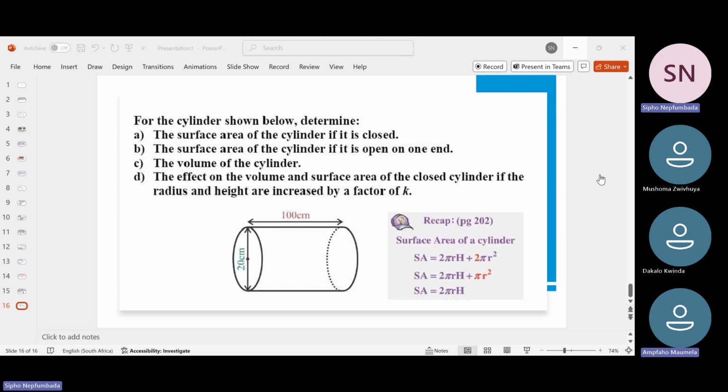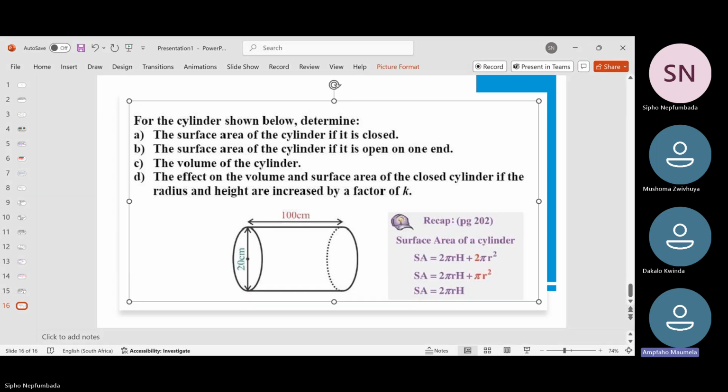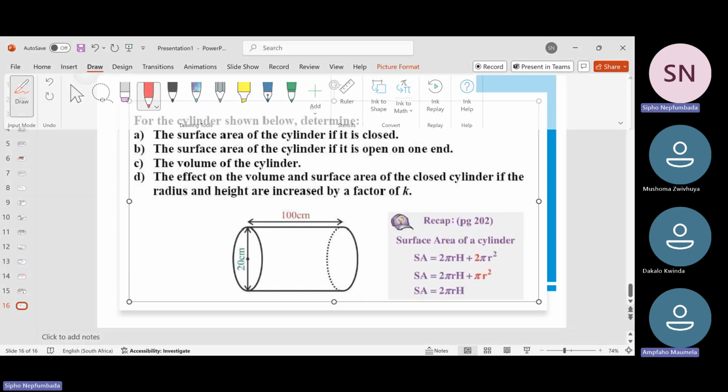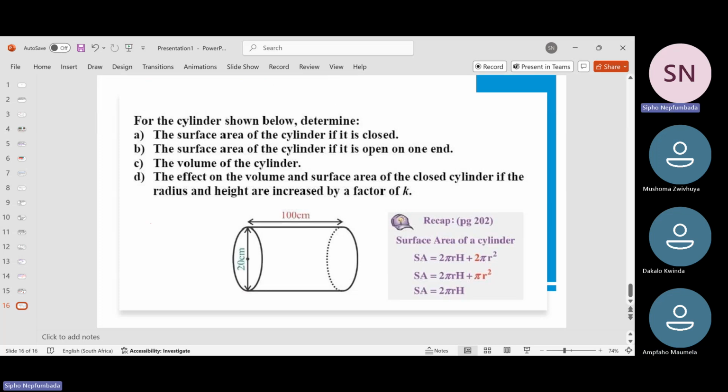Then we substitute. What is our r? Can you see that we're given the diameter here? Yes, our r is 10 centimeters. Good. r equals 20 divided by 2, which equals 10.